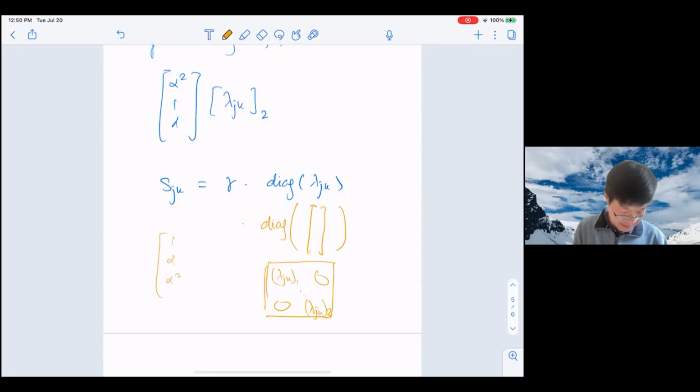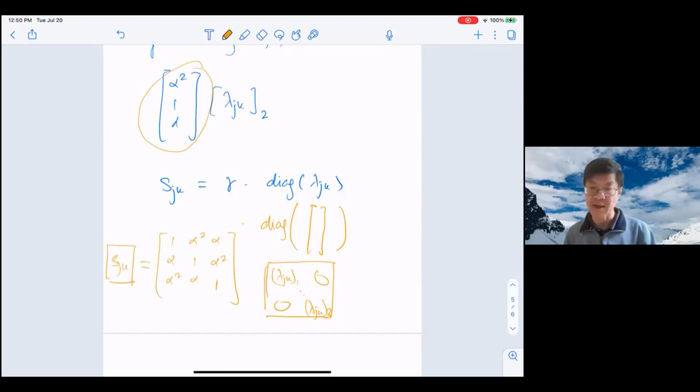So it's just this, which are these things, put them in the right column. This will give you the entire matrix SJK. So the point again is that you get this from the power balance equation.